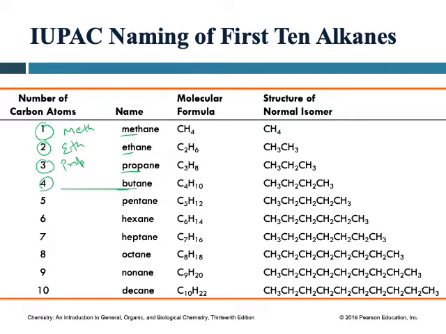Four, but. 5 is pent, 6 is hex, 7 is hept, 8 is oct, 9 is non, and 10 is dec. These are the first three letters. Don't worry about the last letters, ANE.